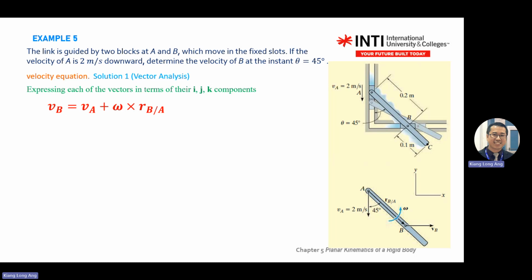Then I further expand. What is V? V is omega R. So in this case, I write omega cross R_B/A. Okay. So I look at the diagram and I know that the direction is pointing from A to B. The question asks me about B.